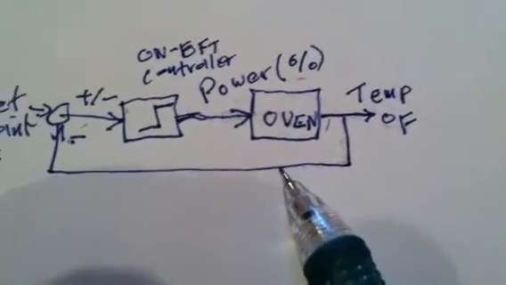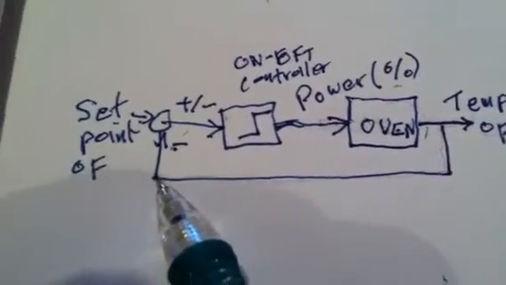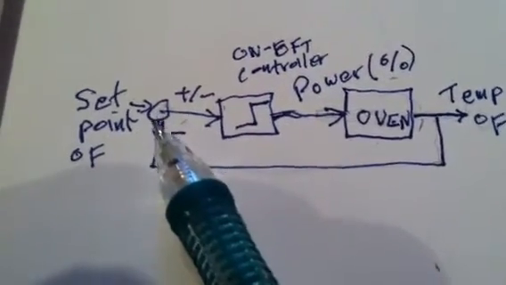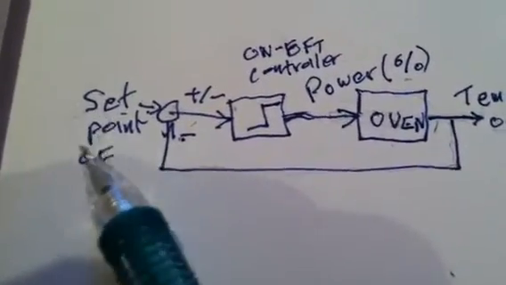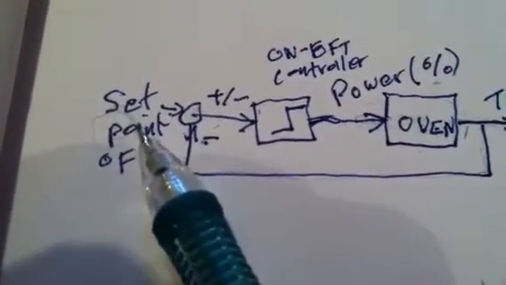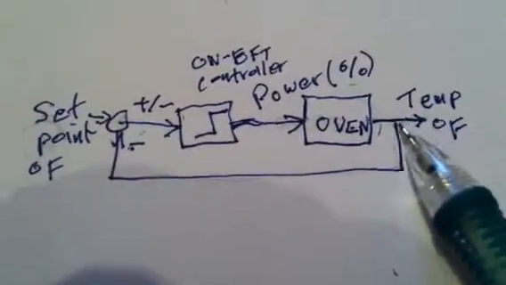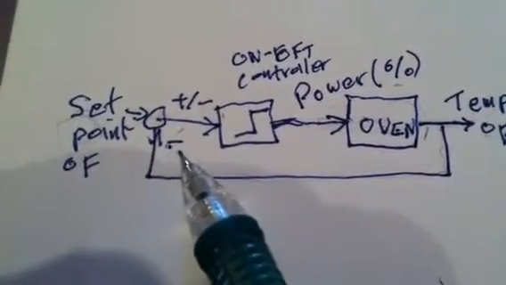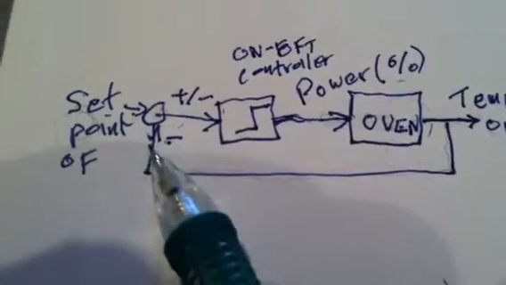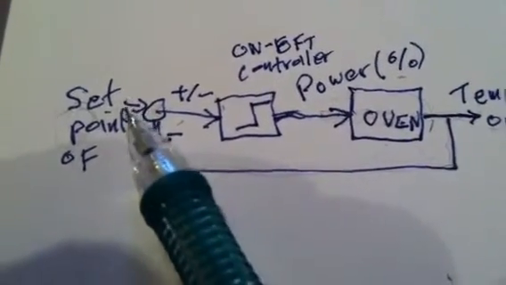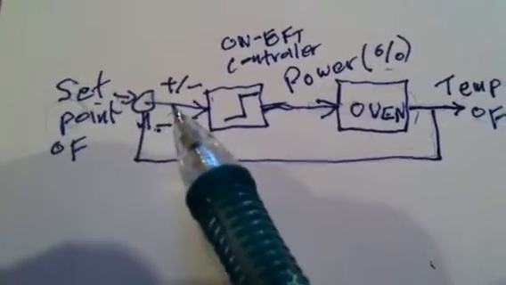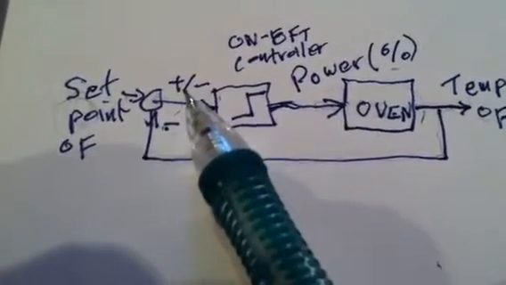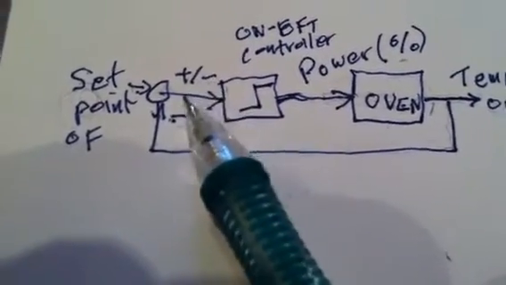This information is sent around here to a summation point, and the summation point takes the set point for the oven, that's the set point of the temperature of the oven, and the measured temperature of the oven, and it adds them, except that here I have a minus sign, so it actually subtracts it. So it subtracts the oven temperature from the set point, and it gets either a positive or a negative number. And right now I'm not concerned about the value of the number, just whether it's positive or negative.